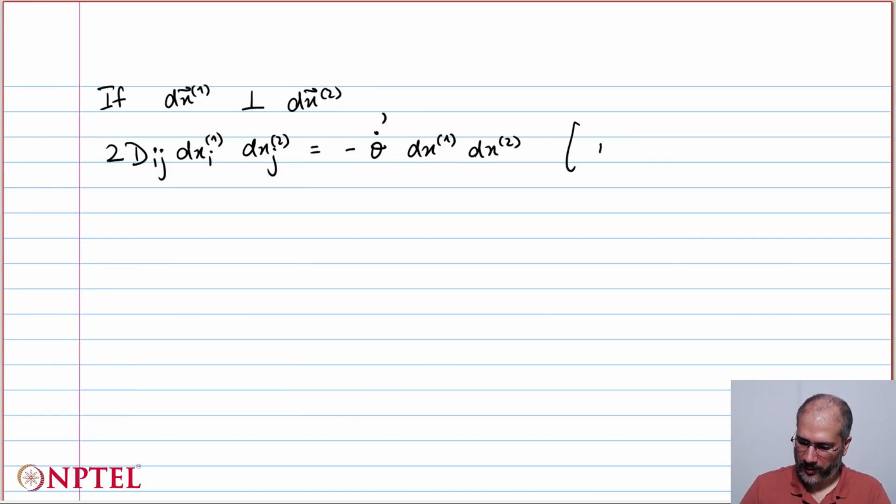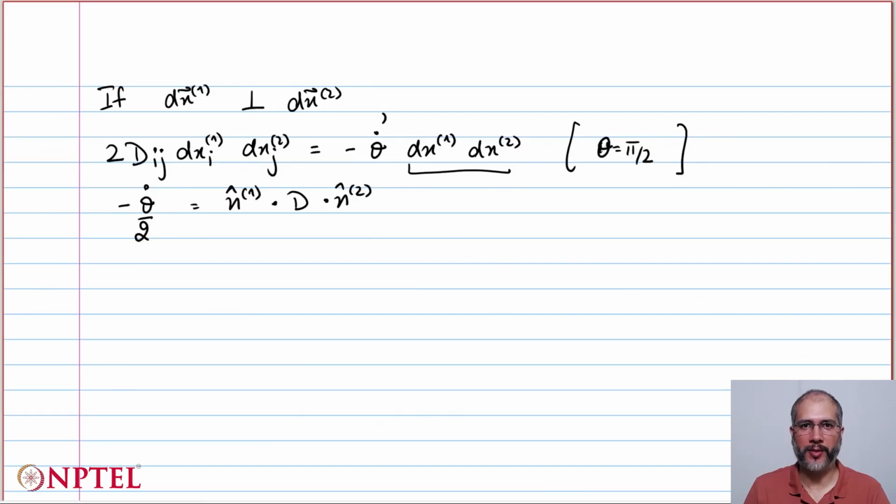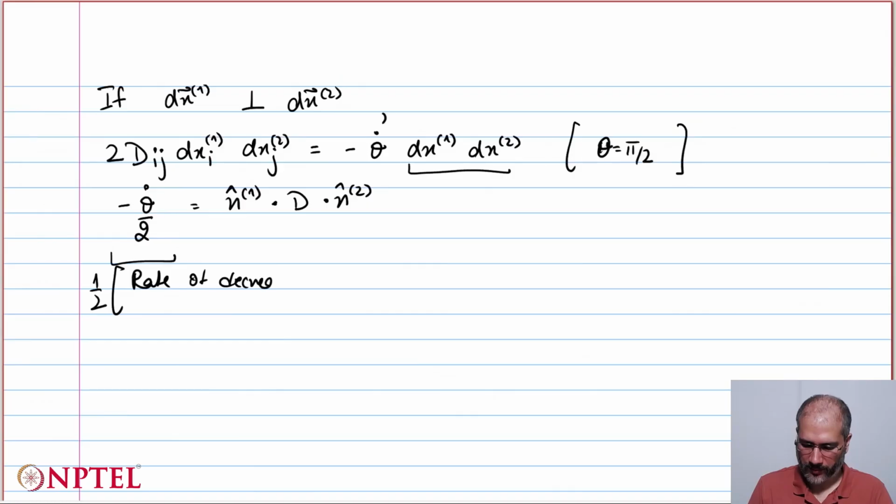So we'll write that theta equals pi by 2. So we can see that we have minus theta dot upon 2, and that is equal to n1 vector dotted with d dotted with the n2 vector. So we just take these on the left hand side, and that gives us the unit vectors n. This quantity here is half of the rate of decrease of the angle theta.